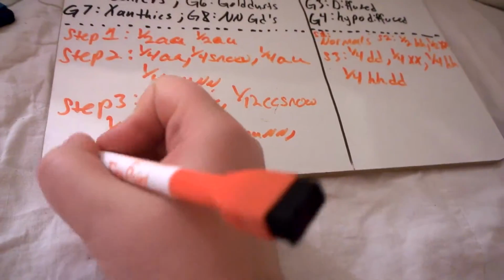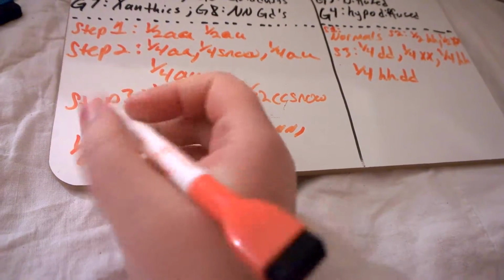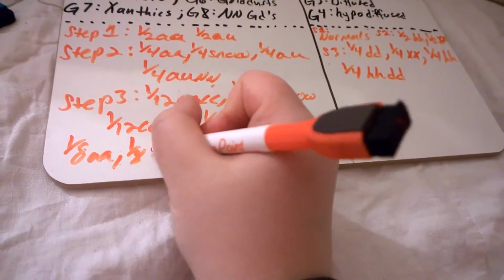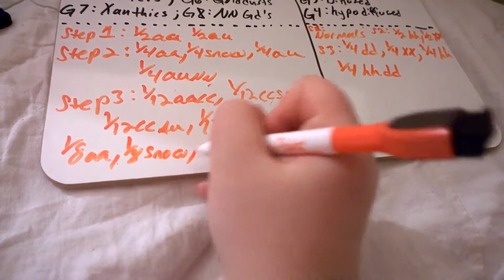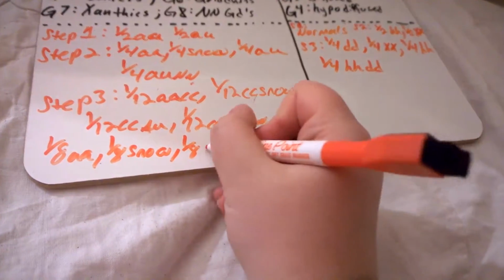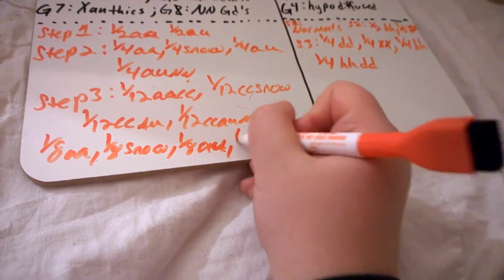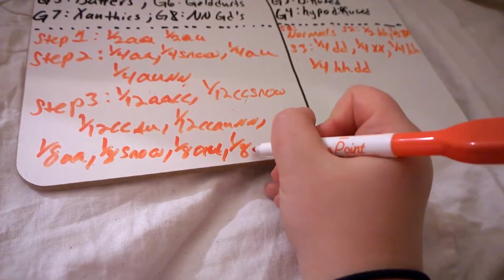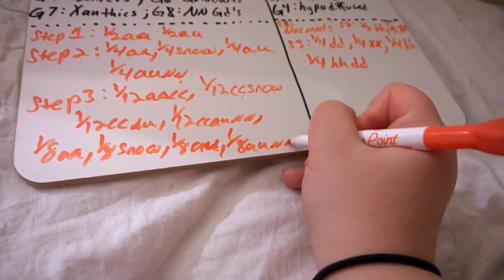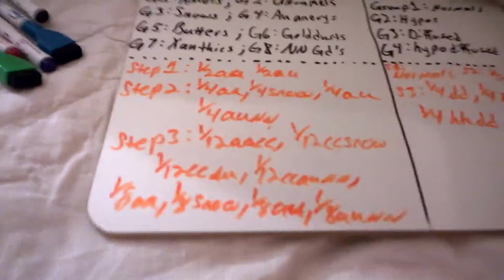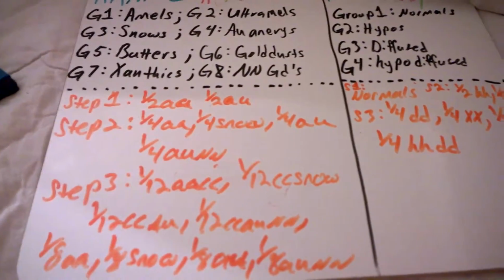So it's going to be 1/8 amel, 1/8 snow, 1/8 ultramel, and 1/8 ultramel anery. Okay, so I hope that you understood that as well as I did, minus my screw up there with my math.